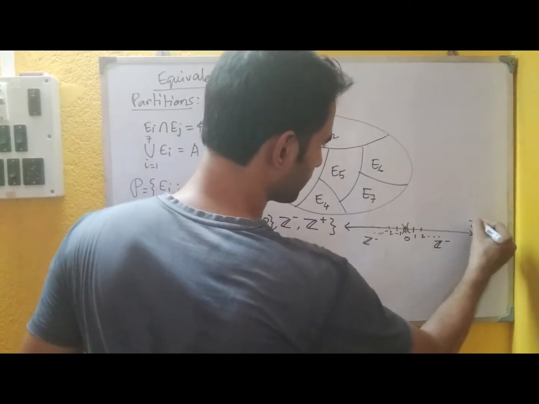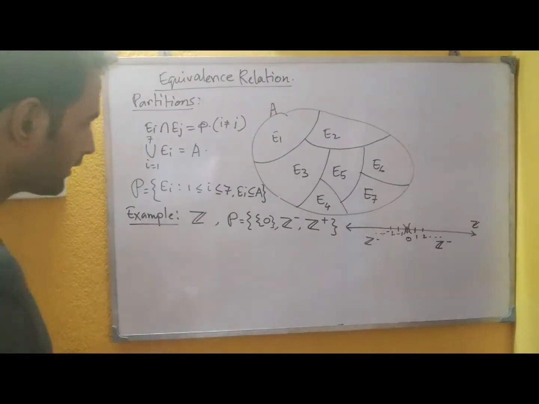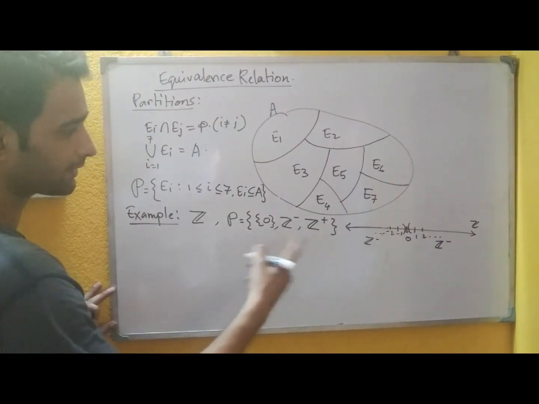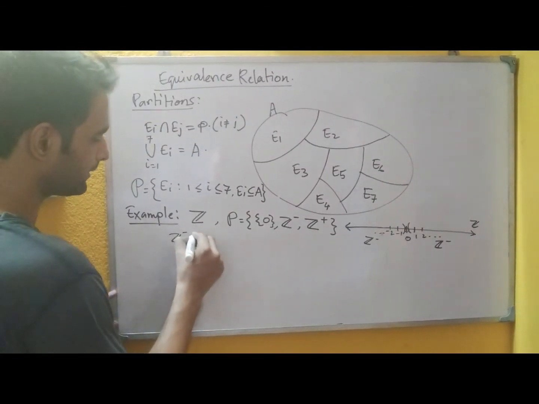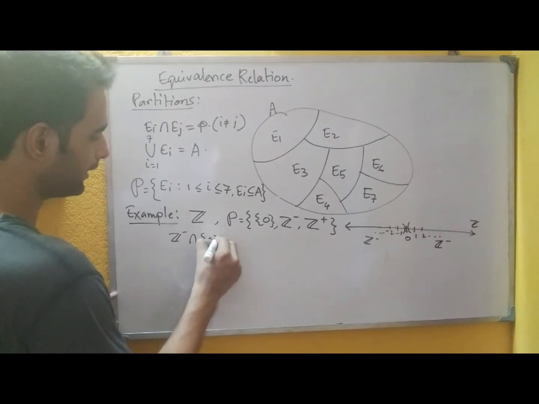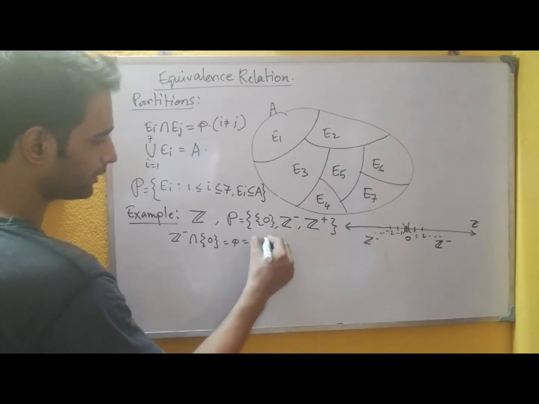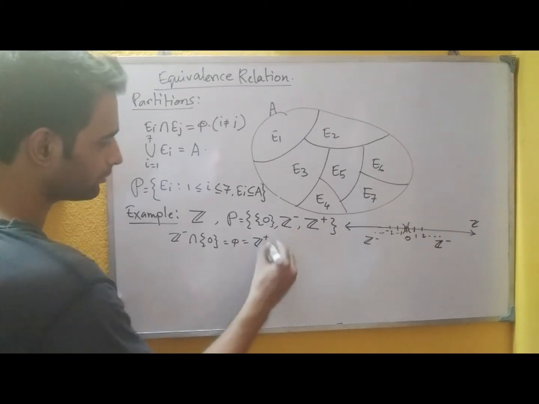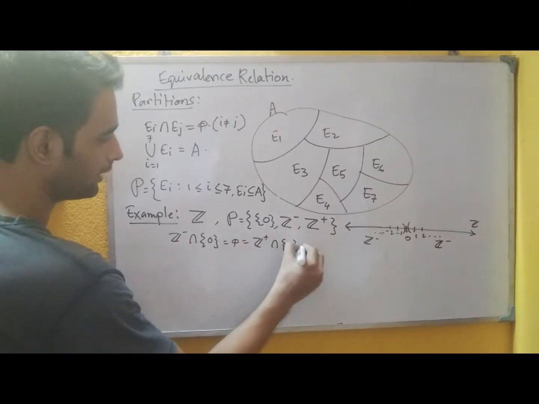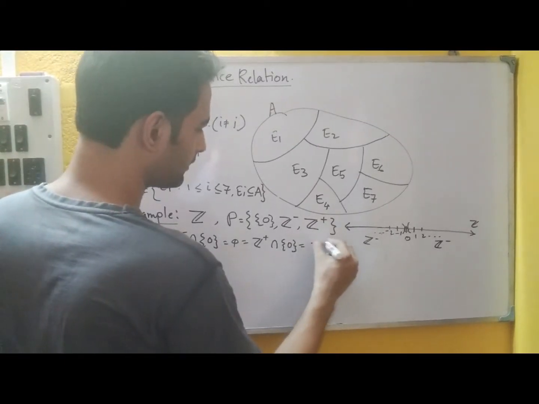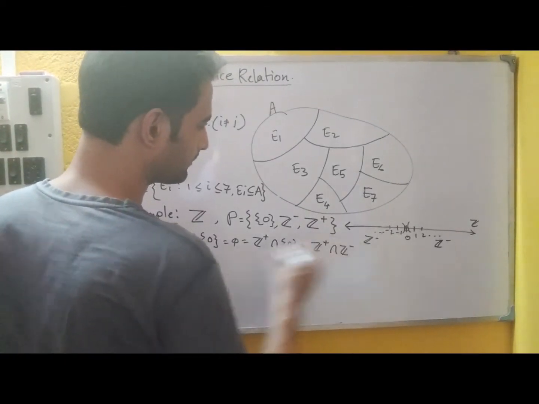set of integers here. We can clearly see that the intersection of any two, say Z minus intersection {0} is empty, and this is the same with Z plus intersection {0}, and this is the same with Z plus intersection Z minus.